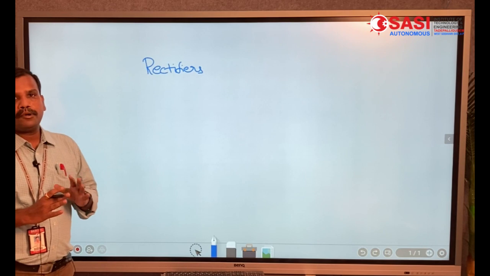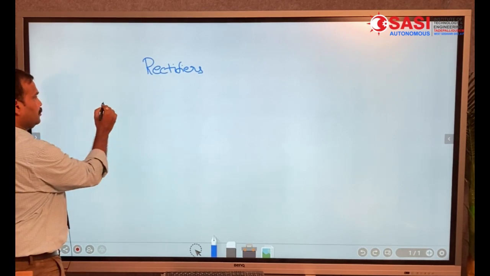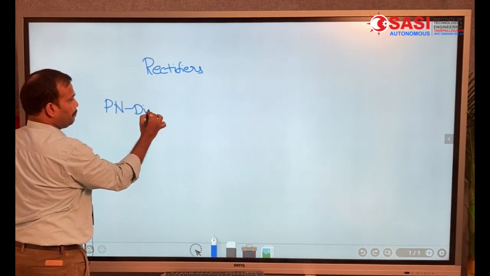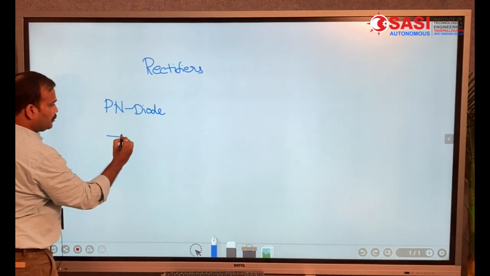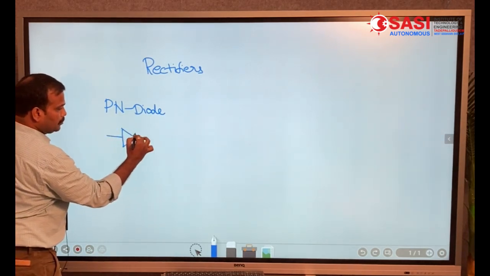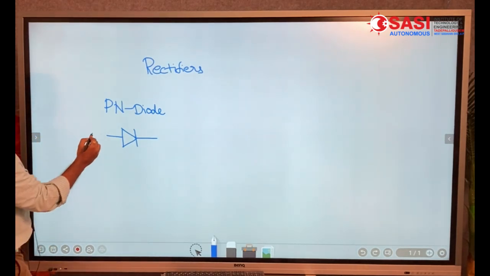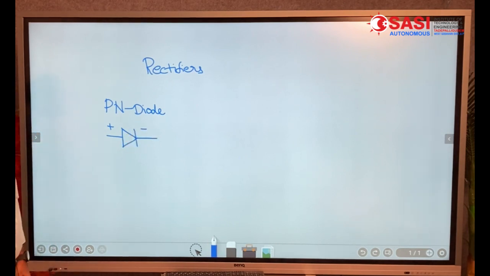The main component in the rectifier circuit is the PN diode. The symbol for this PN diode is shown here. It has a positive terminal and a negative terminal.